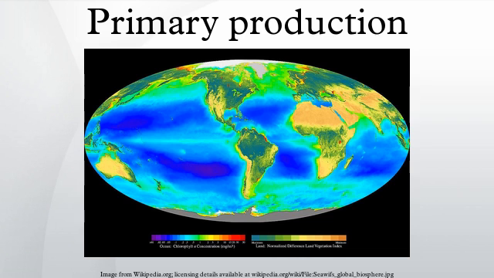Using satellite-derived estimates of the normalized difference vegetation index for terrestrial habitats and sea surface chlorophyll for the oceans, it is estimated that the total primary production for the Earth was 104.9 GtC/yr. Of this, 56.4 GtC/yr was the product of terrestrial organisms, while the remaining 48.5 GtC/yr was accounted for by oceanic production.